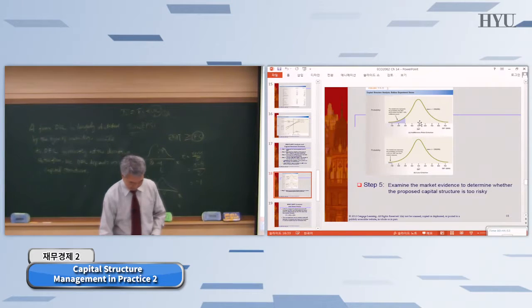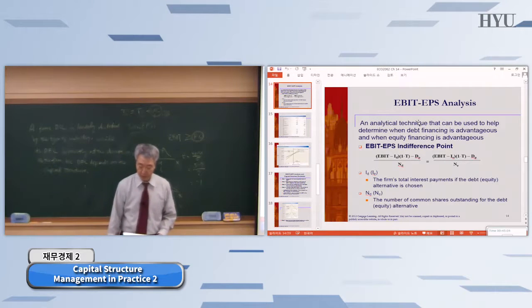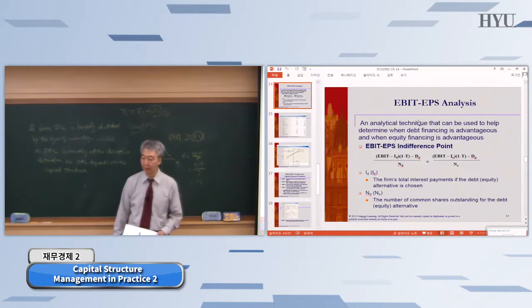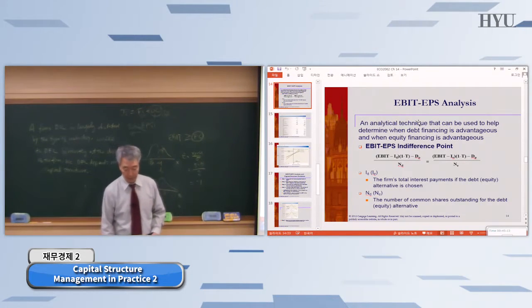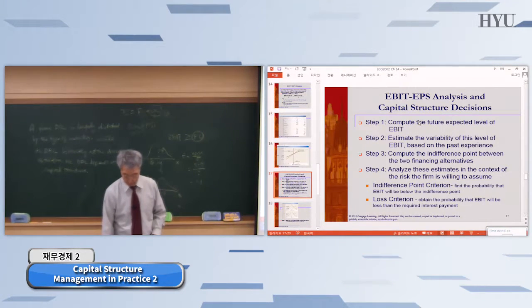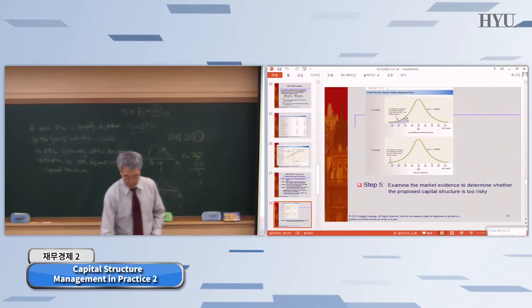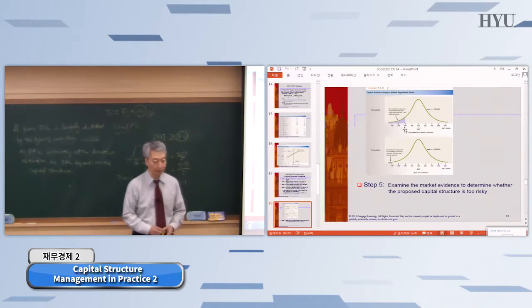And based on the analysis, EBIT-EPS analysis like this, they've calculated the indifference point, the level of EBIT where there should be indifference between equity and debt financing. Right? And they came up with the 300,000. That's how they came up with this $300,000, the level of EBIT where they should be indifferent between equity financing and debt financing.